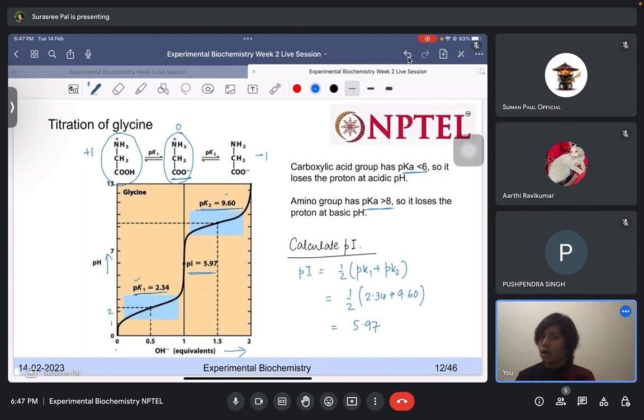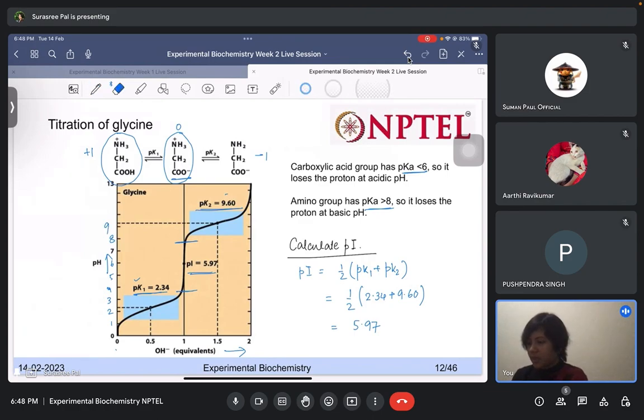And you can see in this particular graph that the pH is increasing in this region, from 3, 4, 5, 6, 7, 8, 9.